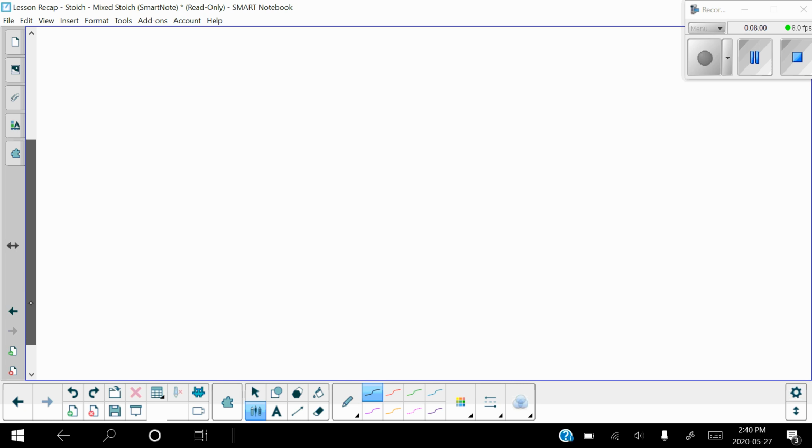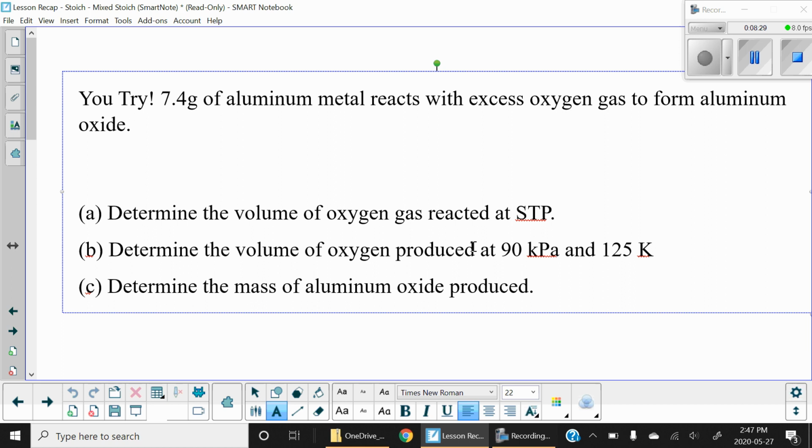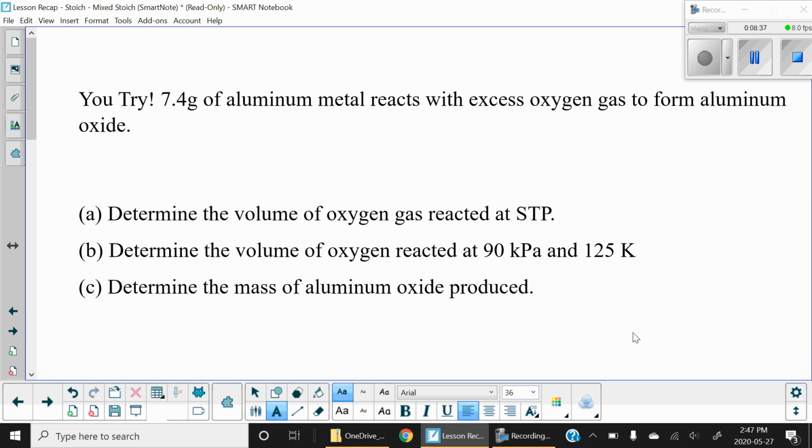For the next one, okay, so we are going to be taking a look at this problem that you'll be working on by yourself. 7.4 grams of aluminum metal reacts with excess oxygen gas to form aluminum oxide. A. Determine the volume of oxygen gas reacted at STP. B. Determine the volume of oxygen gas reacted at 90 kilopascals and 125 Kelvin.